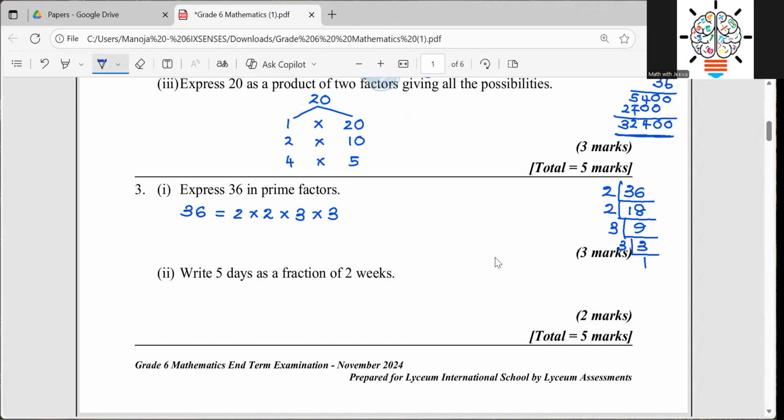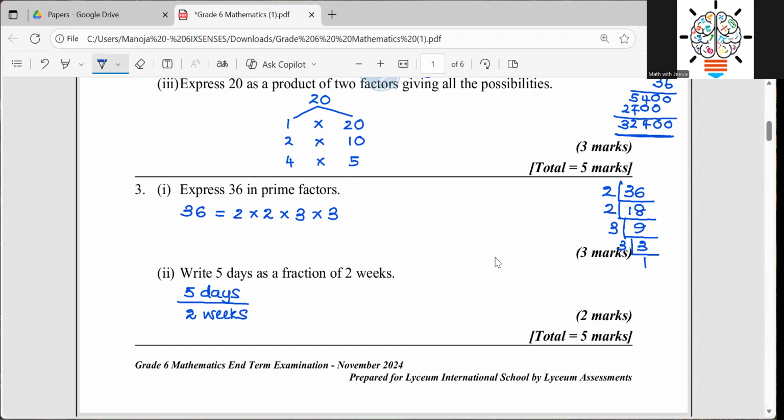Write 5 days as a fraction of 2 weeks. You want to write 5 days as a fraction of 2 weeks. While reading the question, you can write. But this is not matching, right? Because the denominator has the weeks and the numerator has days.